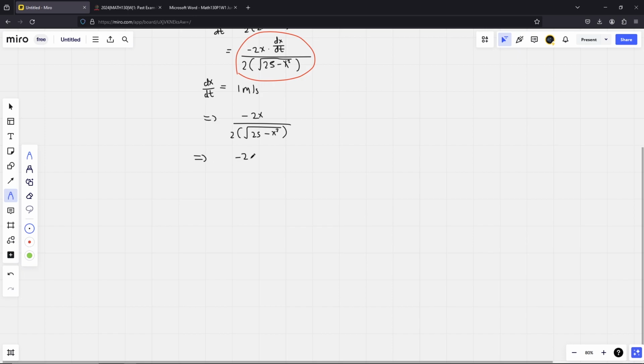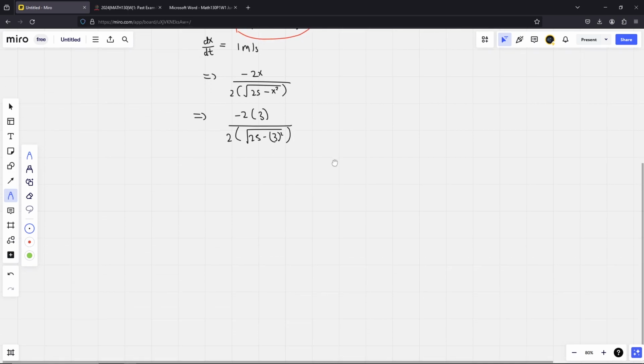So by doing that, we can say minus 2 into 3 and 2 into 25 minus 3 squared, all rooted. Then simplifying that more, that's minus 6 over 2 into the root of 25 minus 9, that's going to be 16.